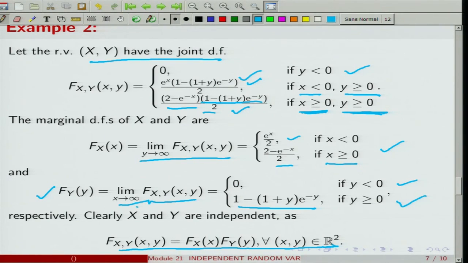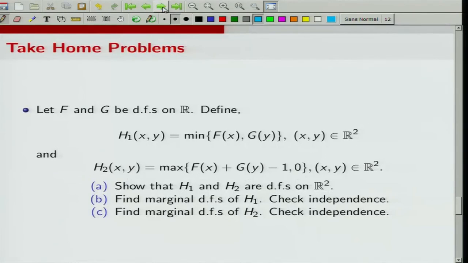And similarly, in the other branch where x is greater than or equal to 0 and y is greater than or equal to 0, then it would be the product of 2 minus e to the power minus x by 2, which is this quantity, multiplied by 1 plus e to the power minus y. So, in this case, we saw that the joint distribution function is the same as the product of marginals. So, we can conclude that X and Y are independent.